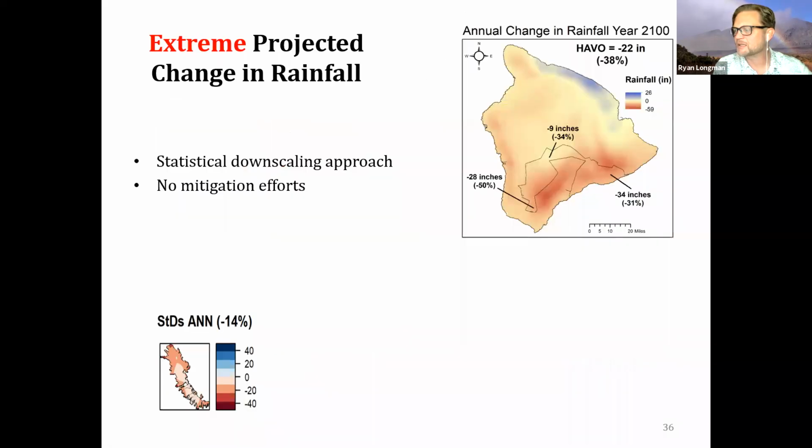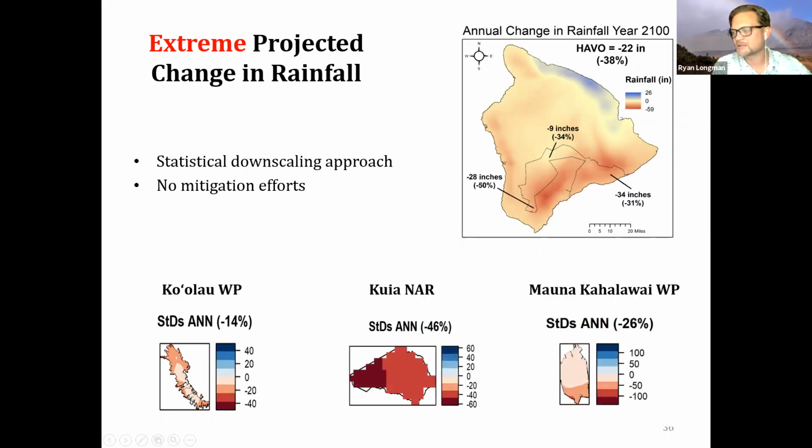So looking at Hawaii Volcanoes, this is again the extreme projection. We see decreases of 50%, 34%, and 31% across this geography. And then looking at some of these individual units for folks that I put these portfolios together for, we see, again, pretty much consistent decreases looking at this extreme approach.